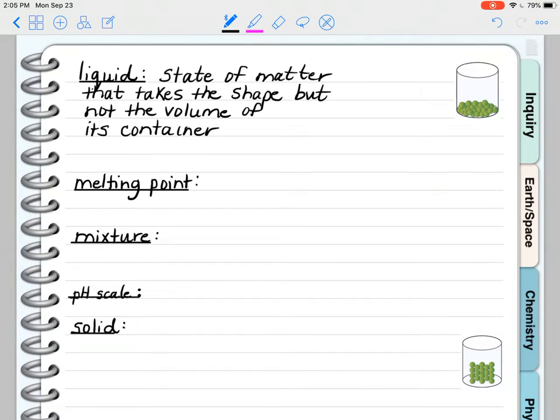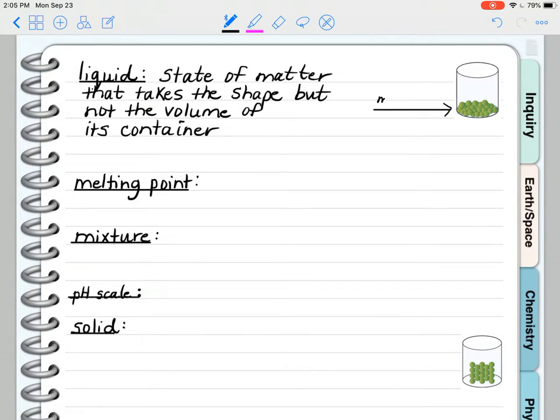So if you pour liquid water into a jar, it is going to take the shape of that jar, but it does not affect the volume. If you pour 1 liter of water into a jar, it's still 1 liter of water. The volume doesn't change, but depending on the shape of the jar, the liquid will take the shape of its container.